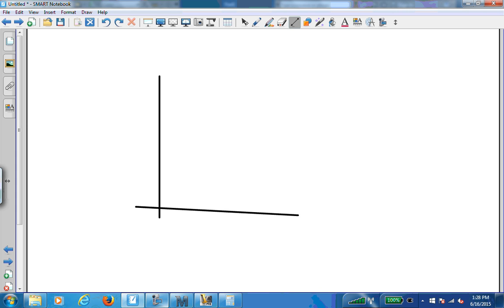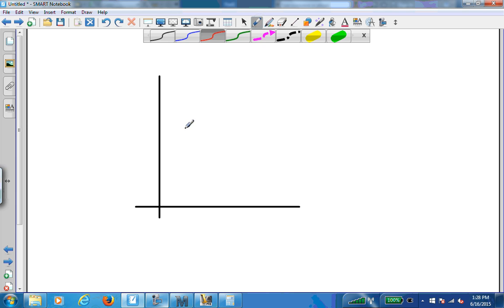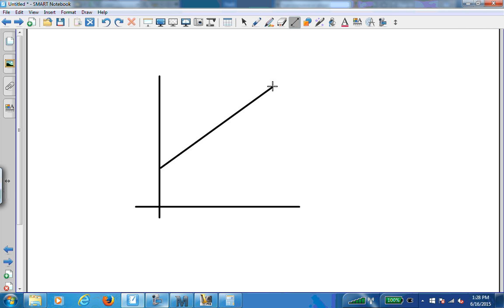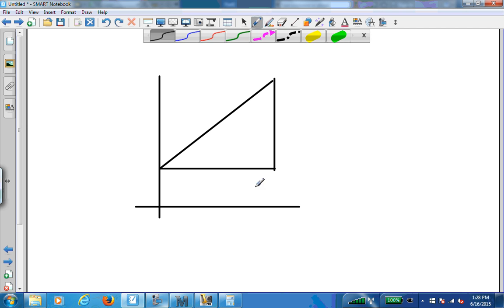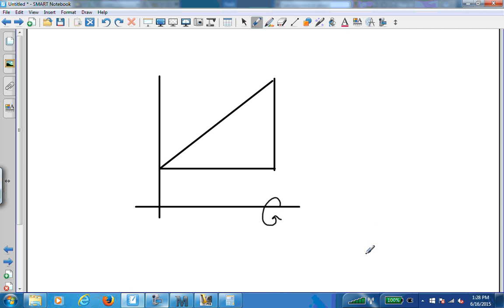Let's suppose we have a line here and then a horizontal line here. And let's suppose we were to take that and rotate it around the x-axis.